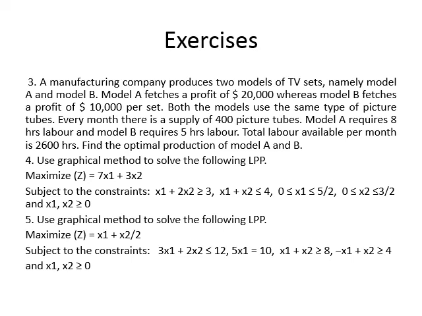Model A requires 8 hours of labor and Model B requires 5 hours of labor. Total labor available per month is 2,600 hours. Find the optimal production of Models A and B.